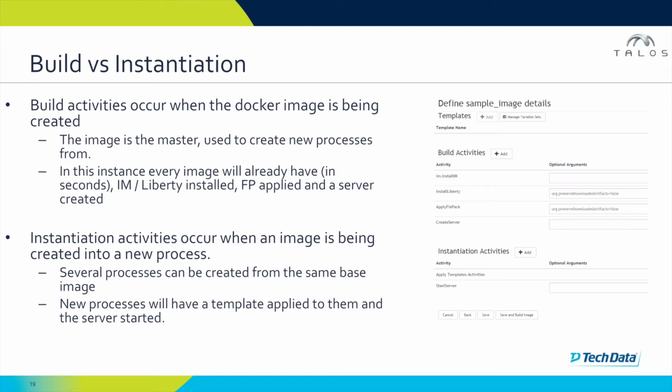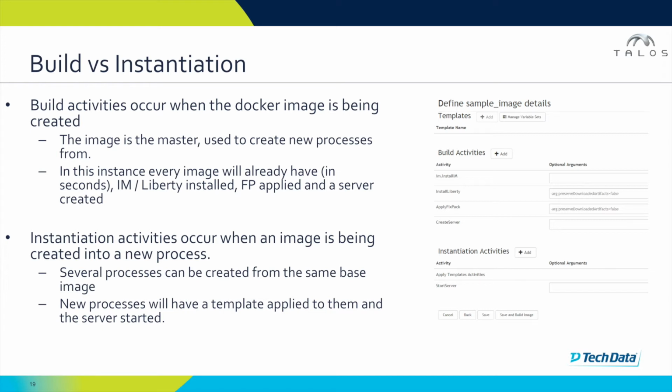So we've got build activities and instantiation activities. So these build activities will occur when we're creating the Docker image. So in this instance, we are installing Installation Manager, we're installing WebSphere Liberty, we're applying a fix pack, and we're creating a server. And that's all according to the topology that we've just created.